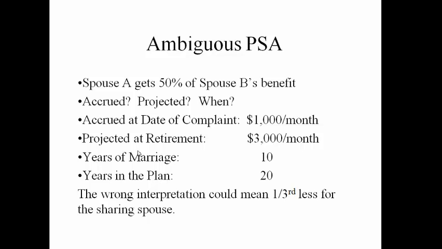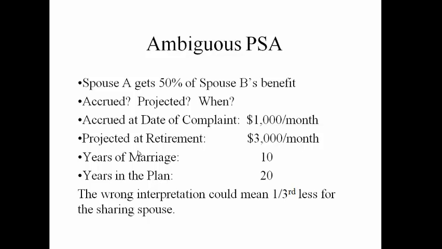Because we really don't know, and the plan administrator who is supposed to implement that provision doesn't know whether it's the accrued benefit, the projected benefit, when do we pay it. It's non-specific. And being non-specific causes a major problem when it comes to having to rewrite and go back to a court for a reapproval of an amended PSA.